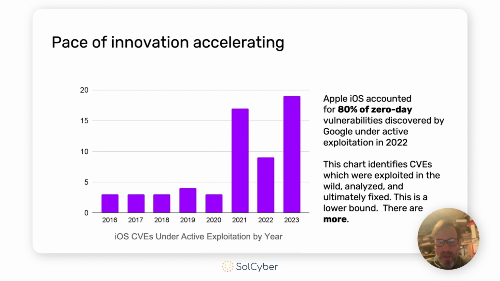But these look at the actual CVEs that were exploited in the wild, analyzed, and ultimately fixed by Apple as well. This is just the ones that Google found. There are going to be many more that Google didn't find as well. May have been found by other threat groups, but it's way higher actually than Android.